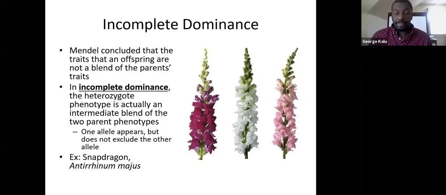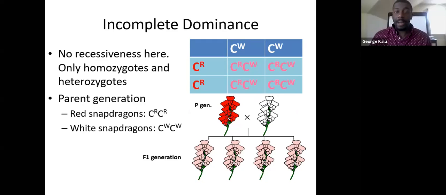So I'm going to show you an example here. In incomplete dominance, we do not have any recessiveness. We just have homozygotes and we have heterozygotes. There's no dominance, there's no recessiveness. So what this looks like, we were looking at a red snapdragon plant, it would have the genotype CR. C just being color, R being red in this case.